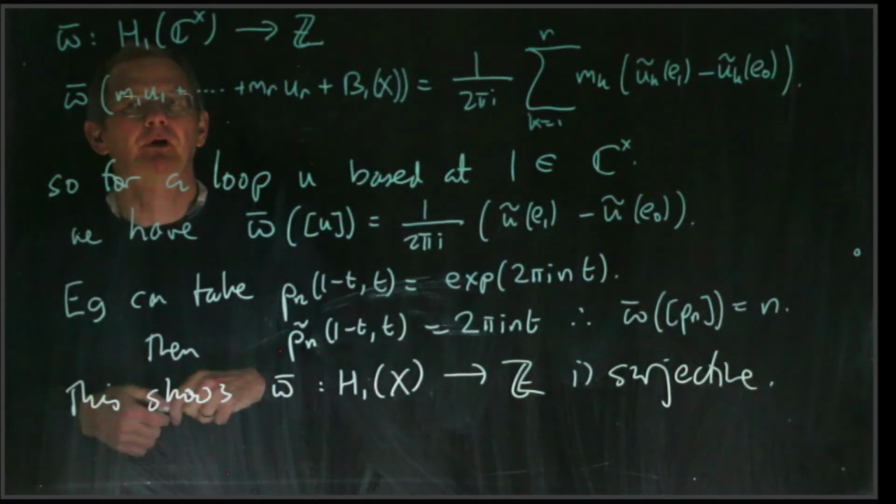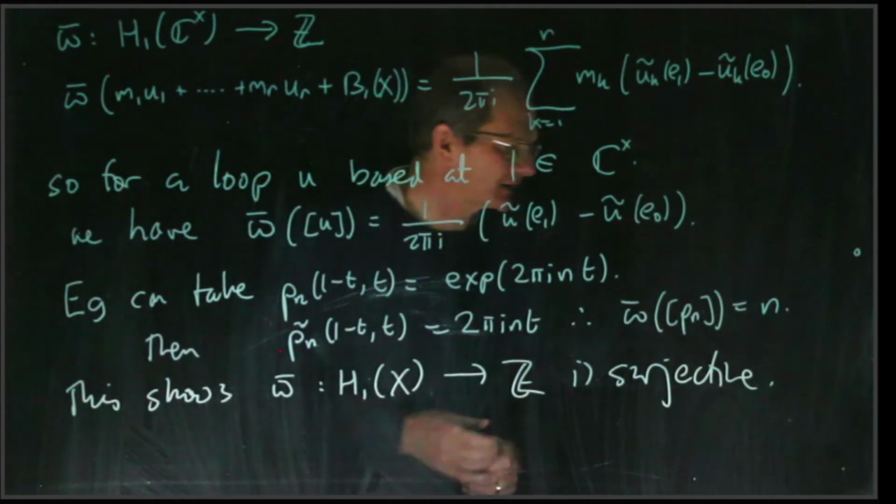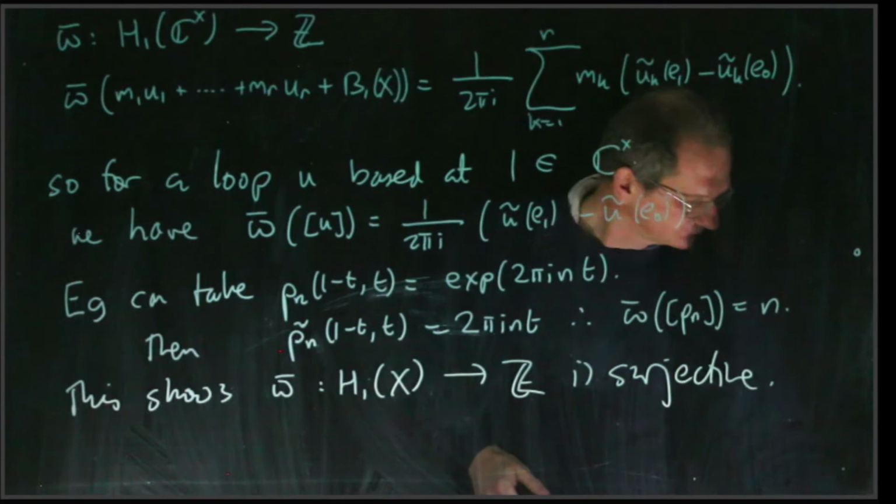So we've got this omega bar from H1 of C cross to Z. We've shown it's surjective, and we still need to show it's injective. So we want to prove that omega bar is injective, so we need to consider its kernel.